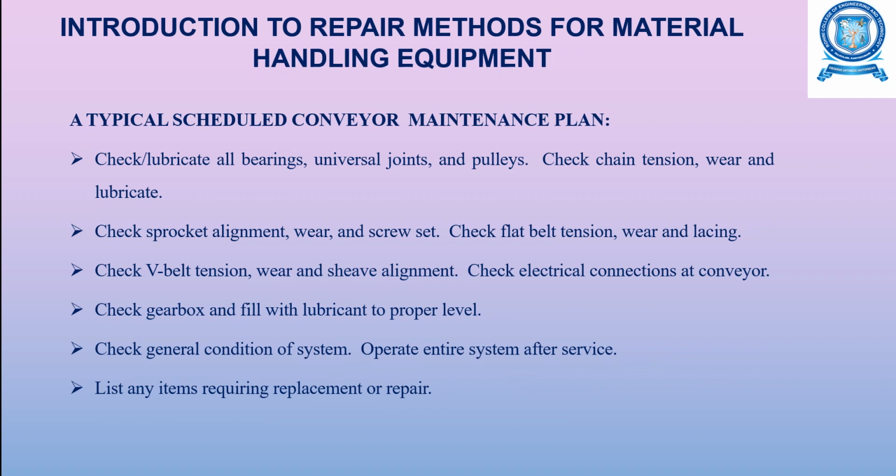And the flat belt tension should be checked, for wear and lacing. And check V-belt tension, wear, and the sheave alignment. Check electrical connections at the conveyor. And the gearbox should be checked and filled with lubricant to the proper level. So the general condition of the system should be checked.